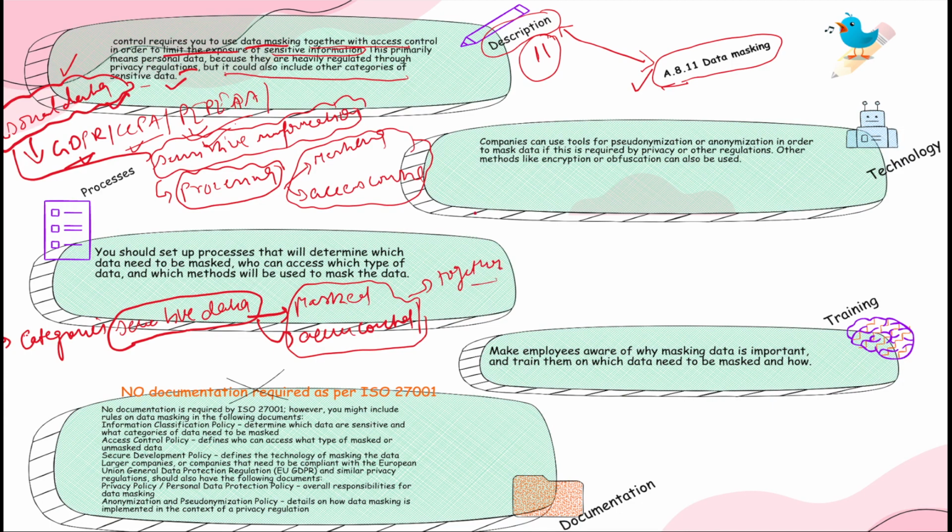So what are masking and access control? Let's suppose I'm an HR head, and there is one person who is an HR executive.